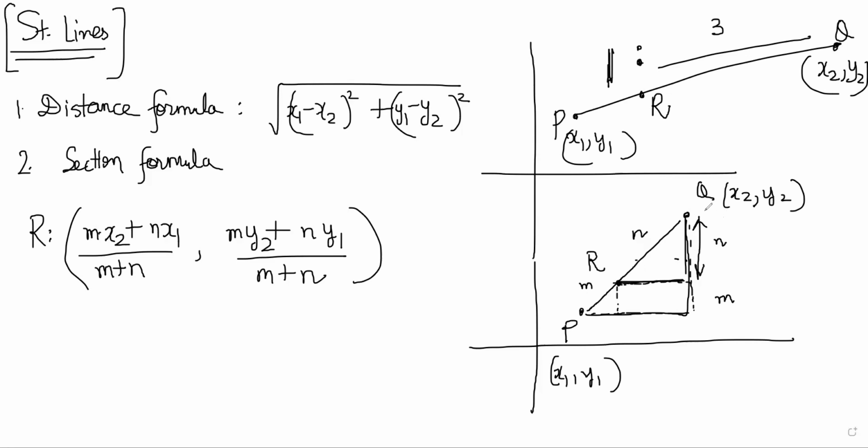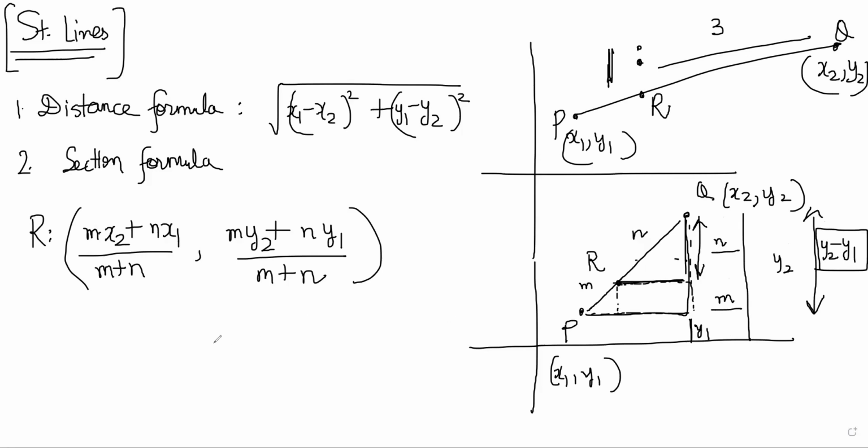So you can very quickly now figure out that if this height was y2 and this height was y1, then this distance was y2 minus y1, and that distance is being divided in the ratio n by m, right?